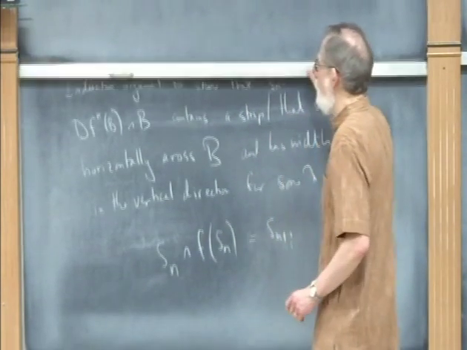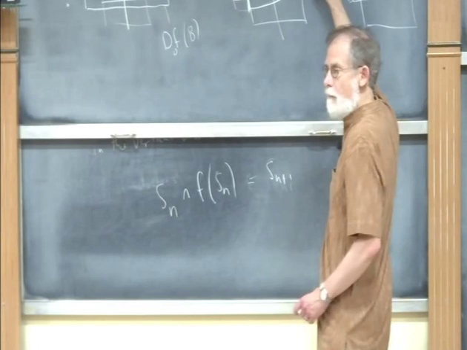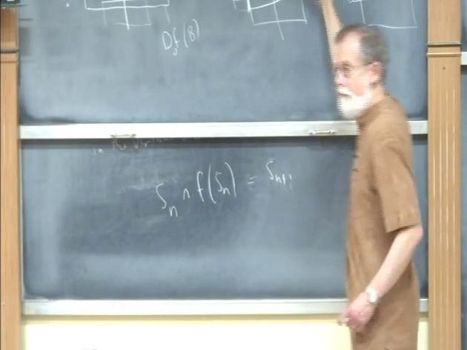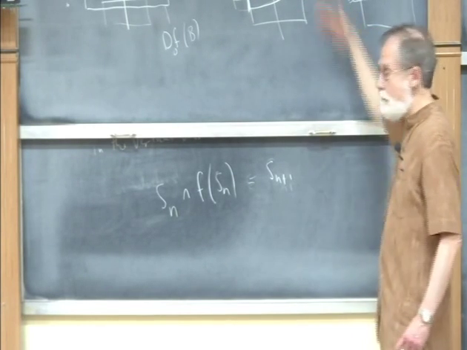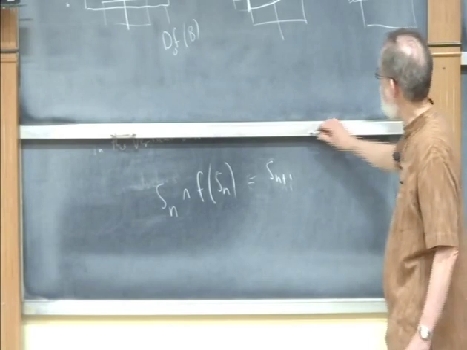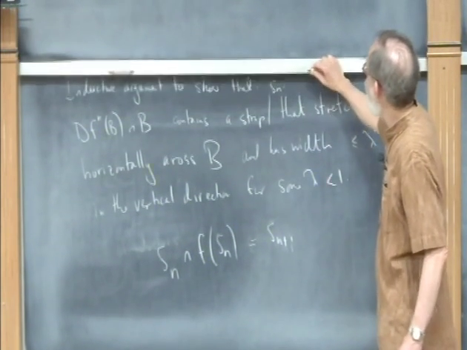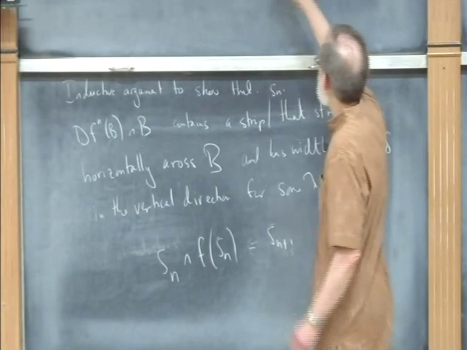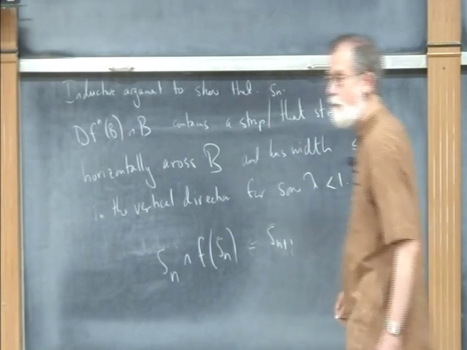Because of this sort of vertical collapse, you end up getting a graph. And that is going to be the graph of your unstable manifold.